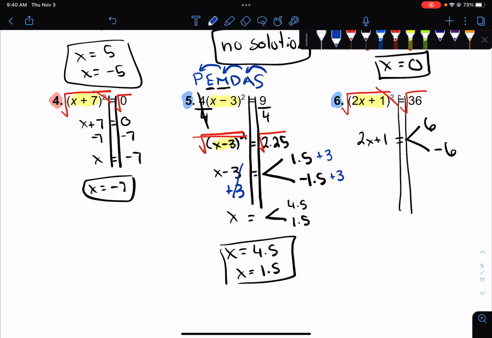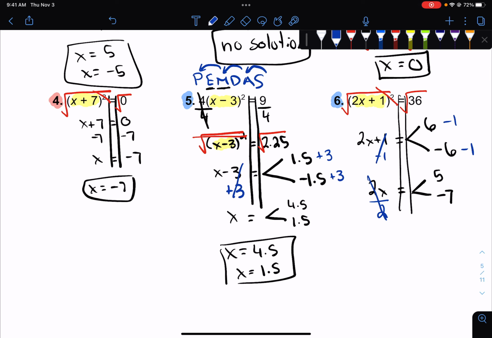So 2x plus 1, I'm going to minus 1 on the left to make that go away. But when I minus 1 on the right, I've got a minus 1 from both of my answers. So I get 2x equals 6 minus 1 is 5. Negative 6 minus 1 is negative 7. Now I've got to divide by 2 on the left to make the 2 go away.